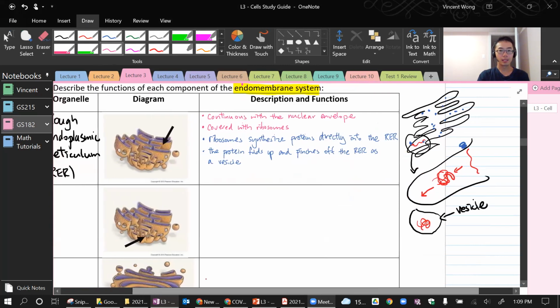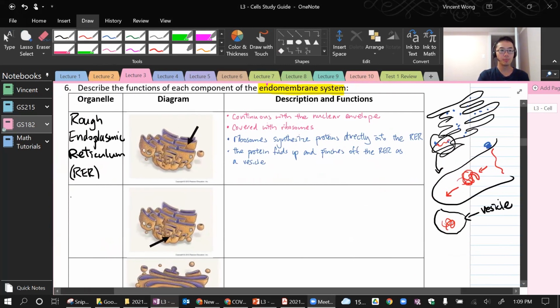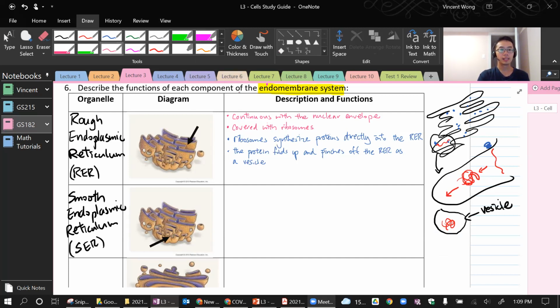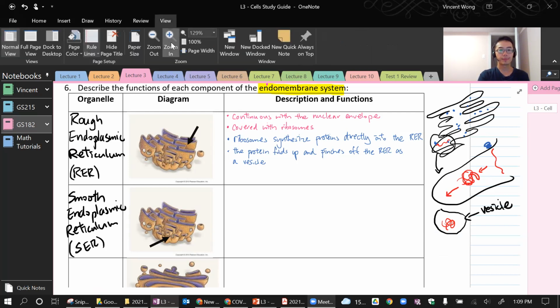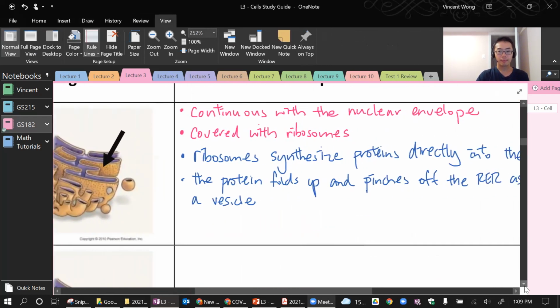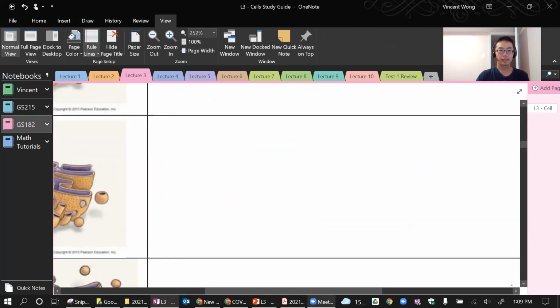Okay. Next one, we have the smooth ER, smooth endoplasmic reticulum. Okay. So what can we say about that? Smooth ER. Okay.